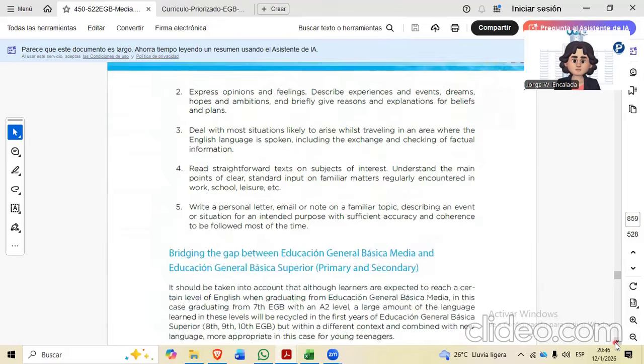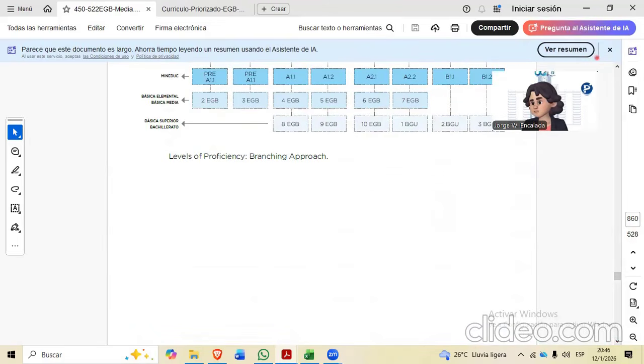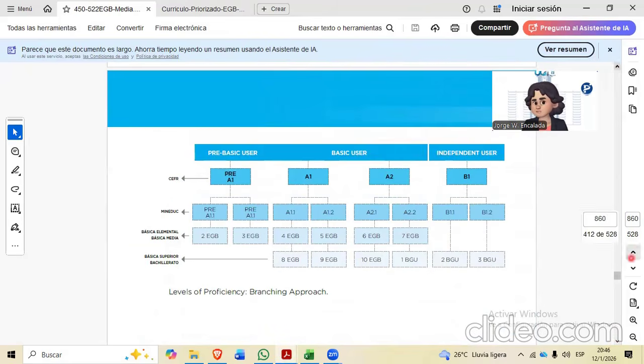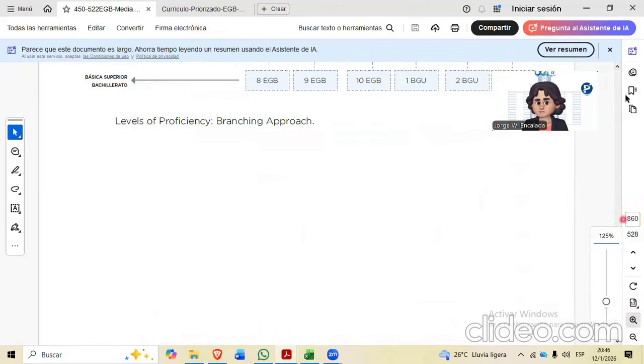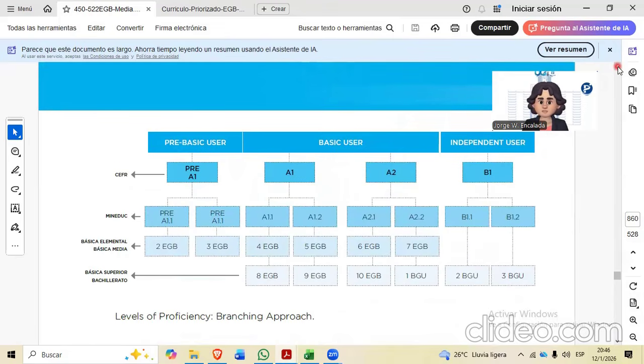So that's something that we are going to review throughout the theoretical part of the second partial. But as I told you, today's objective is to learn how the program is divided into the different levels across the Ecuadorian proposal in the Ecuadorian education system.